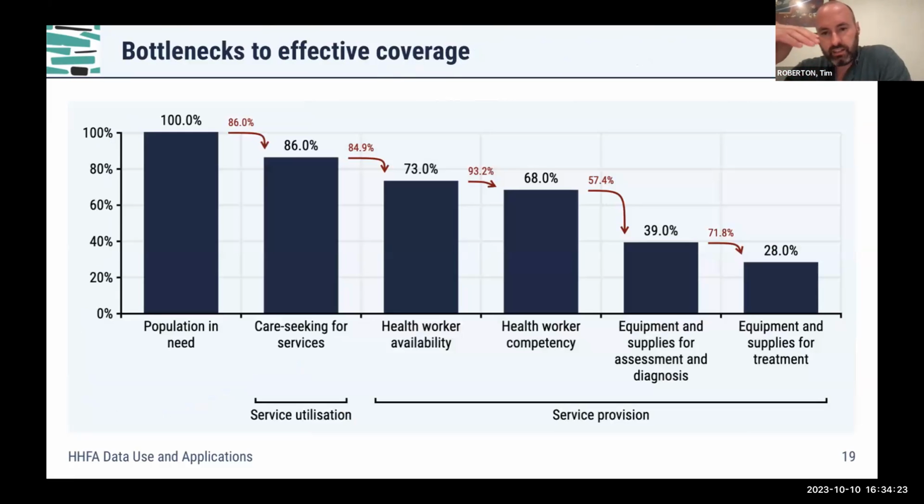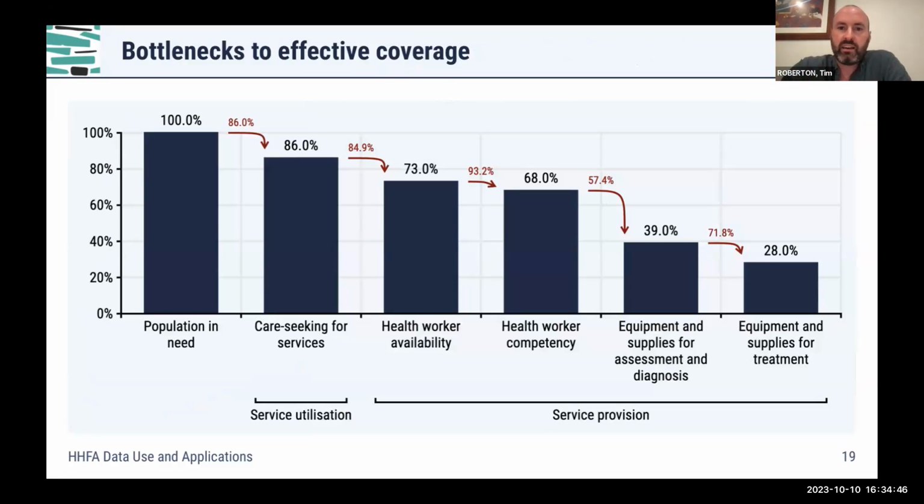And all of that enables us to create these coverage cascades, where we can essentially model the coverage of different interventions, or in other words, the proportion of the population that is likely to get effective treatment for different health services.